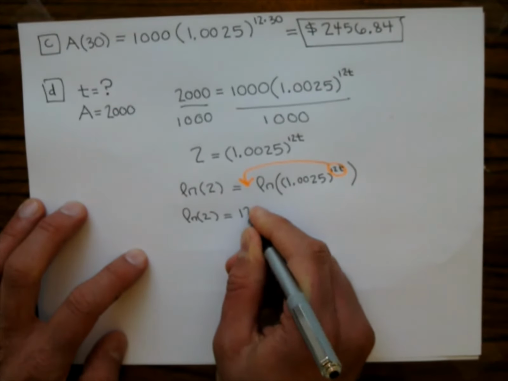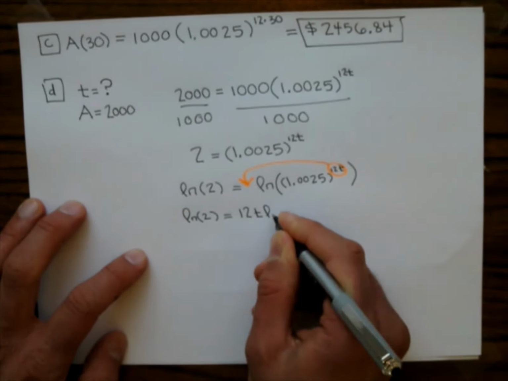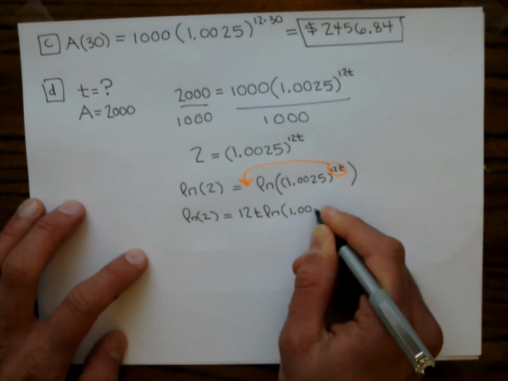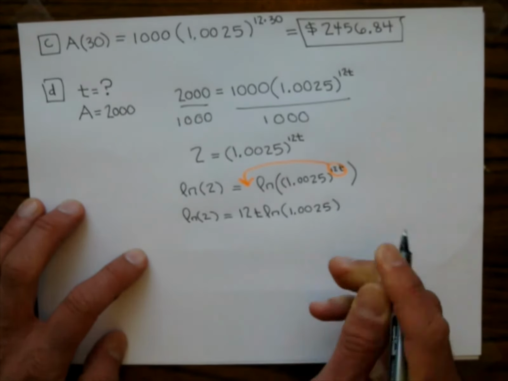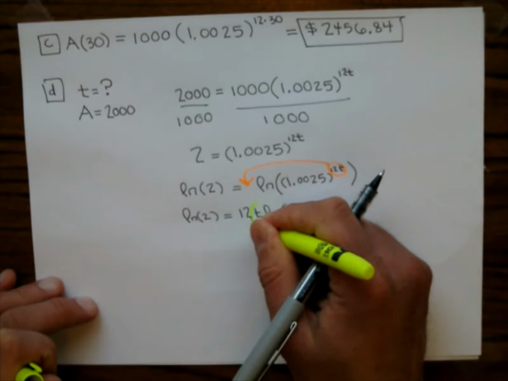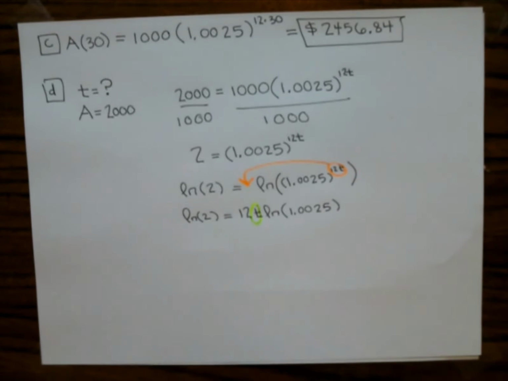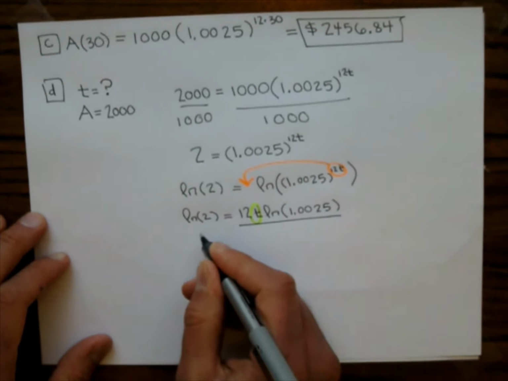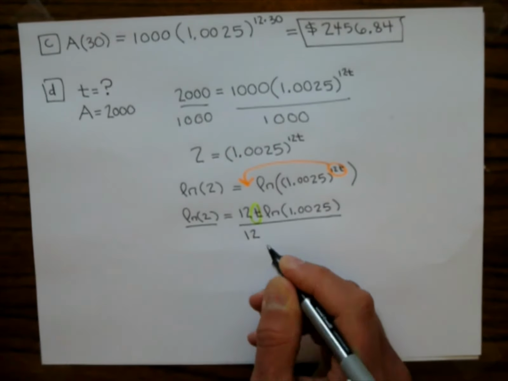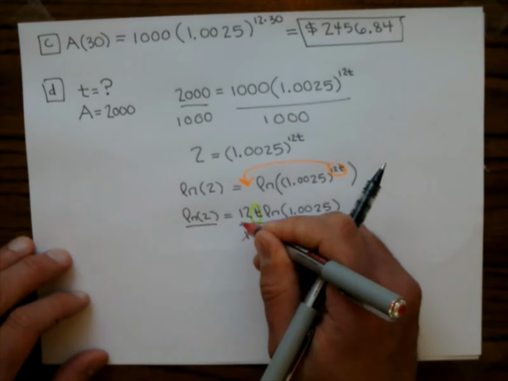So I have ln 2 equals 12t ln 1.0025. Now I'm trying to solve for t. I'm almost there. I just have to divide both sides of this equation by 12, in which those 12s will cancel.